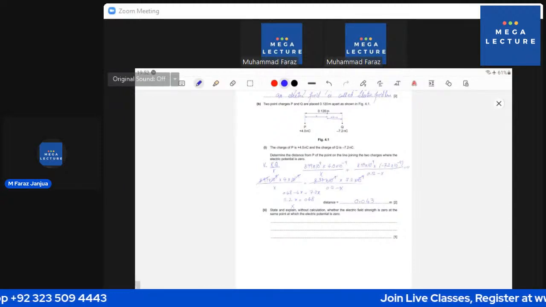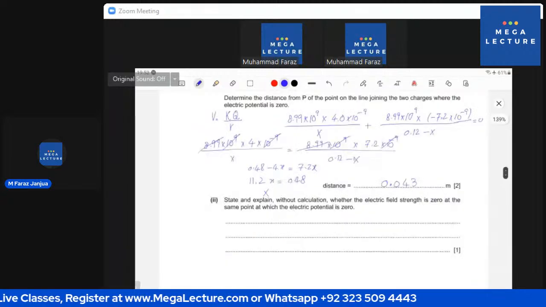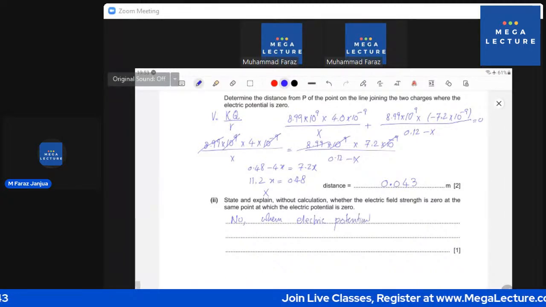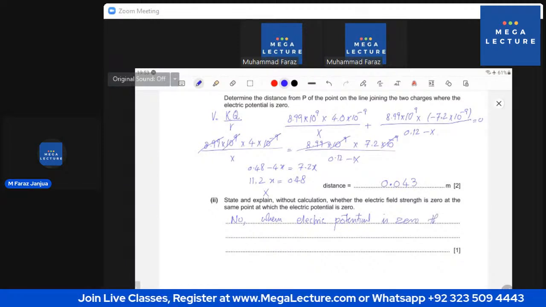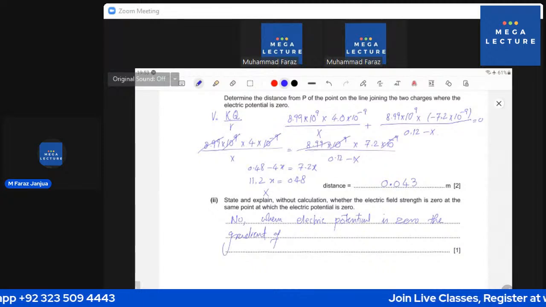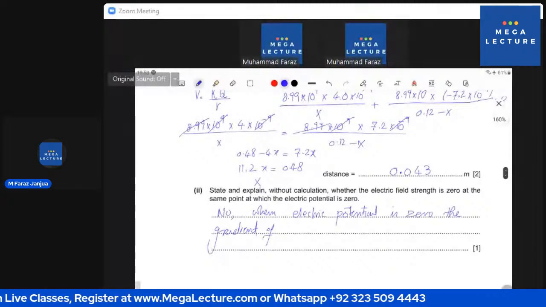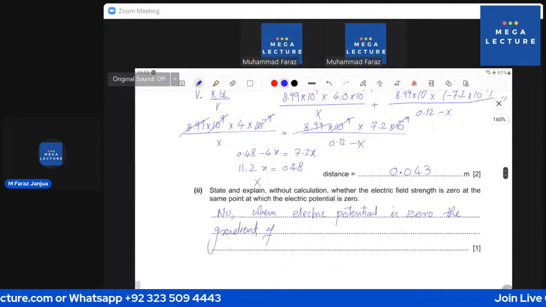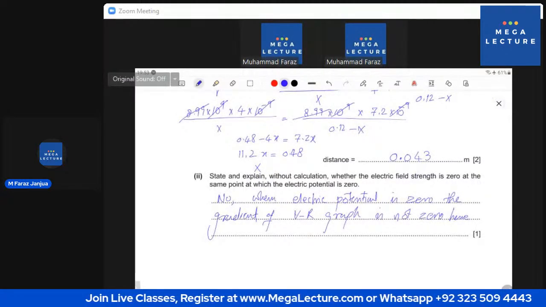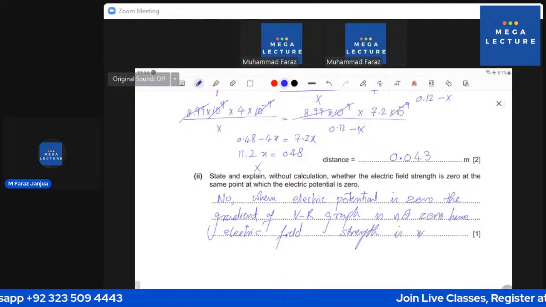Even though the electric potential is zero, the gradient is not zero.